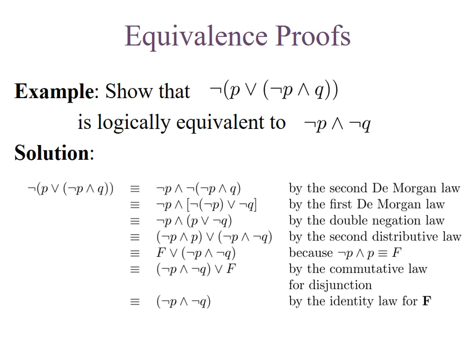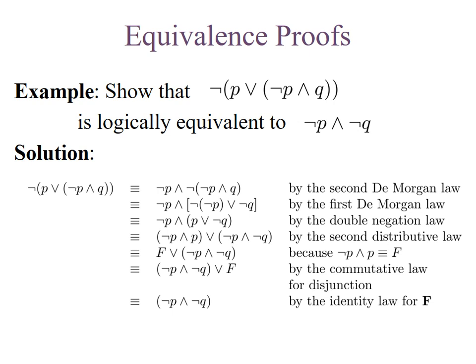So the first step, we apply De Morgan's law and rewrite the original form. After we apply the negation to each component, the first one becomes not P, we transform OR to AND, and then we apply not in front of the second component: not (P and Q).